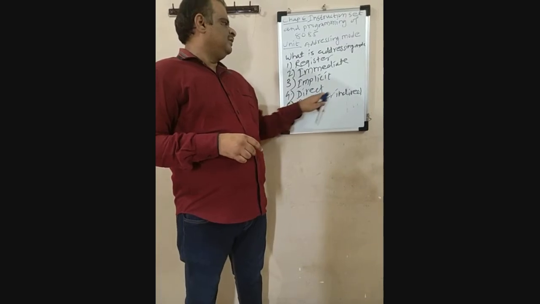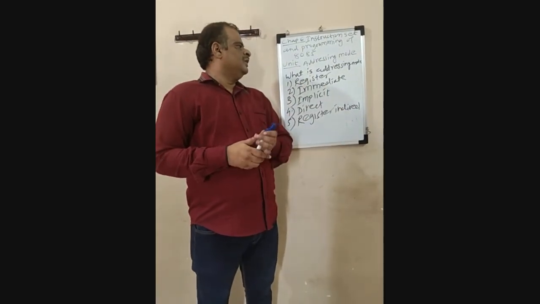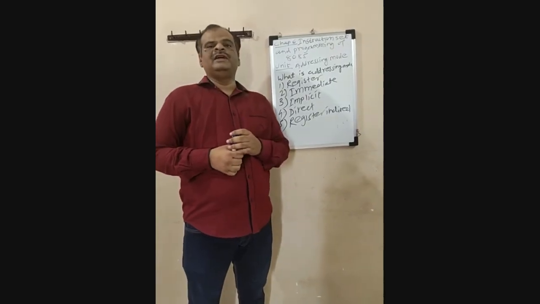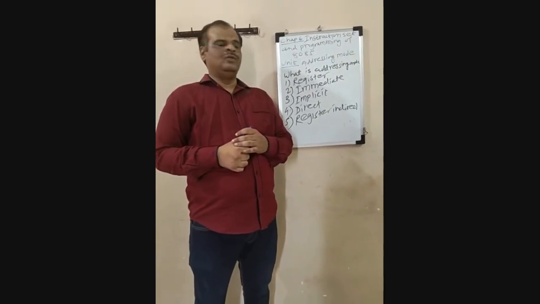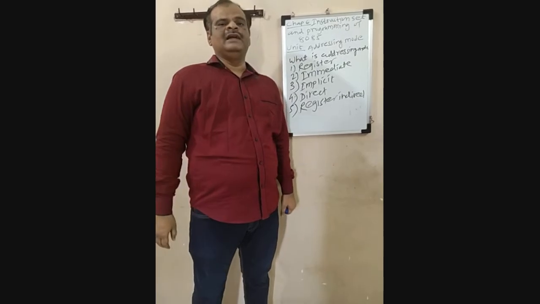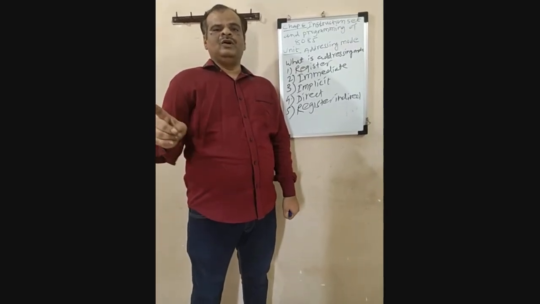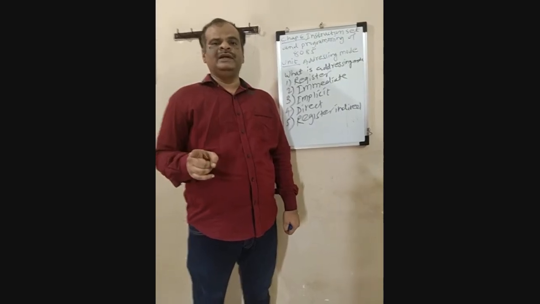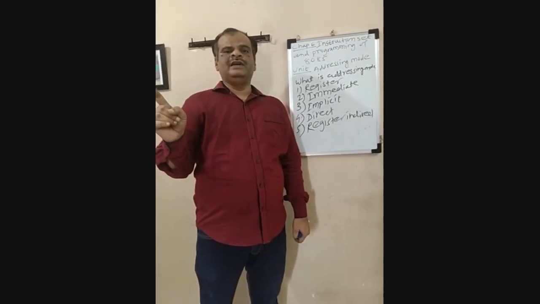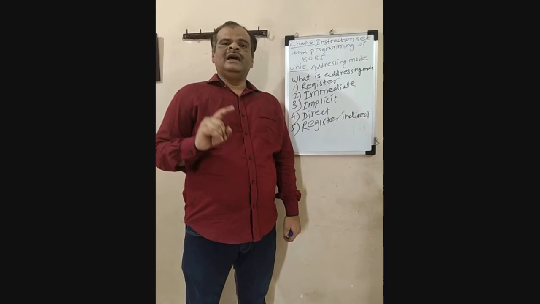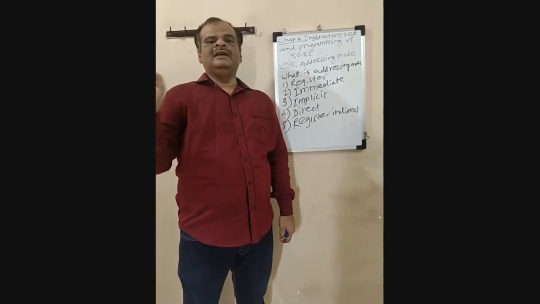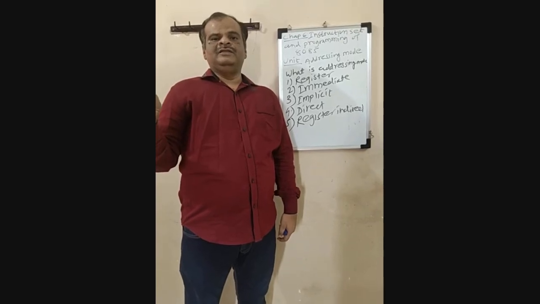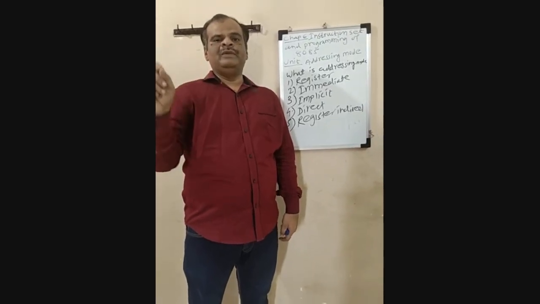The register indirect addressing mode describes that one operand is stated as a register pair, and its address points to a memory location. That means the register pair points to a memory location.